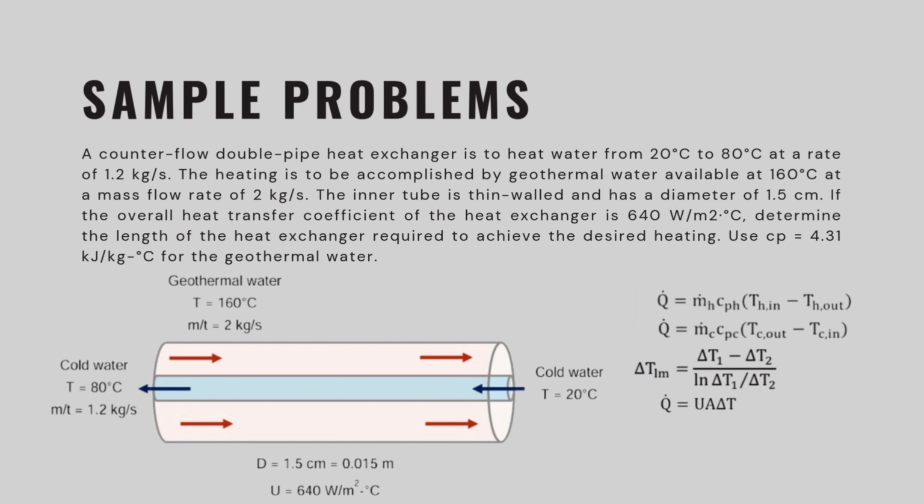And then that's how we can get the area of the heat exchanger. Now we're going to use the area in order to determine the length, which we'll show later.